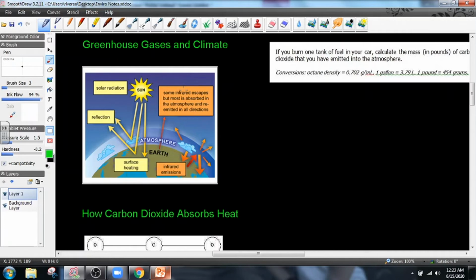We'll talk about how that happens in a little bit. These greenhouse gases are water, carbon dioxide, as well as some that are less abundant, but oftentimes more potent in terms of how much heat they can trap in the atmosphere, an example being methane.